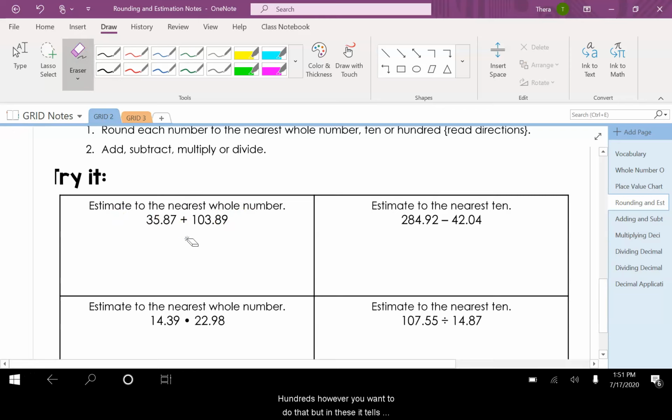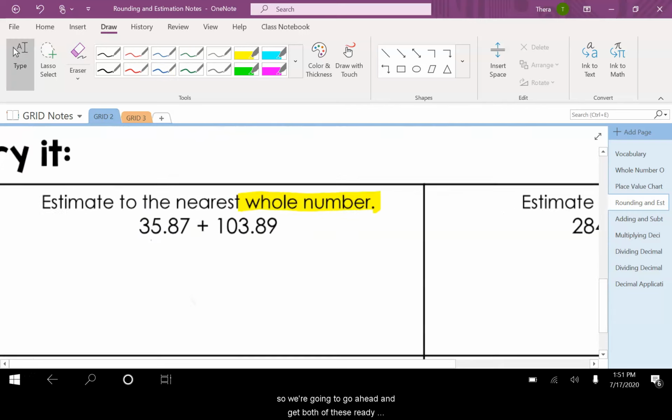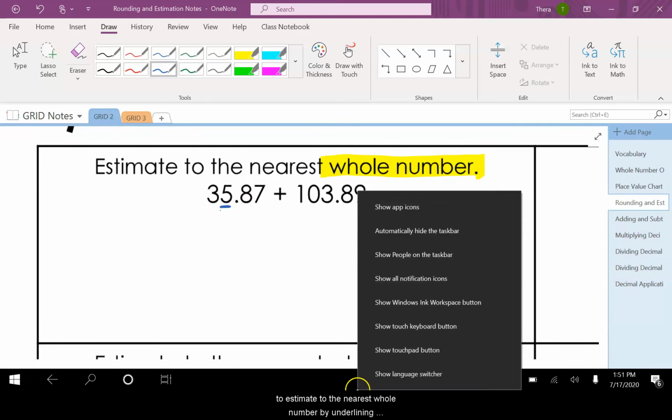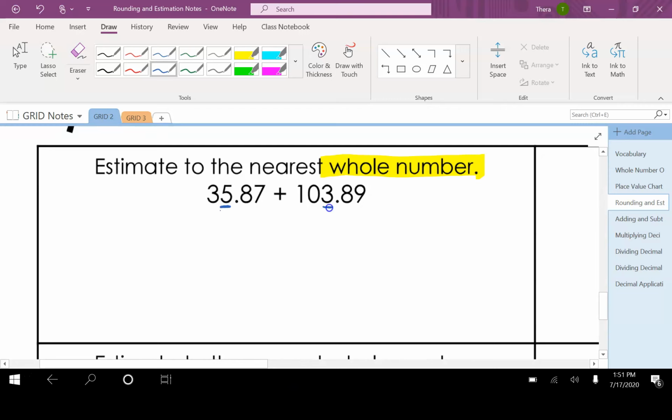But in these, it tells us the directions. This one says estimate to the nearest whole number. And remember, I told you when it says whole number, that means that it is talking about the ones place. So we're going to go ahead and get both of these ready to estimate to the nearest whole number by underlining the digit that we are rounding.